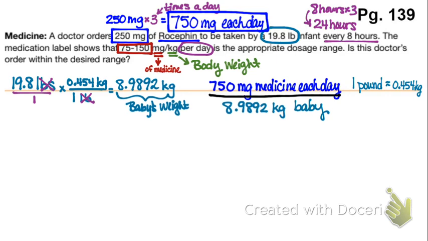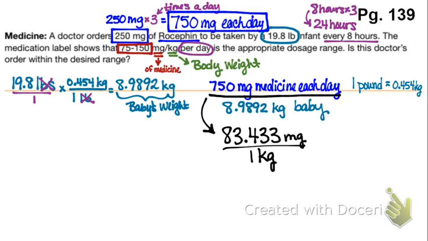And we come up with what? 83.433. You said 83.433 milligrams per kilogram. That'd be over 1 kilogram each day, or per day. Does that fall within the effective and safe window? Yes.